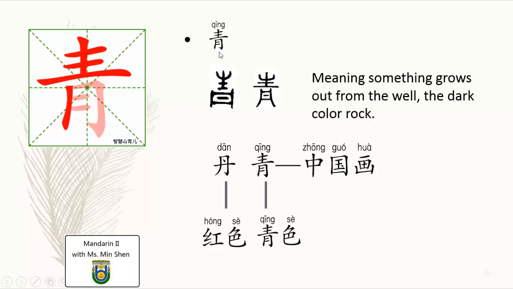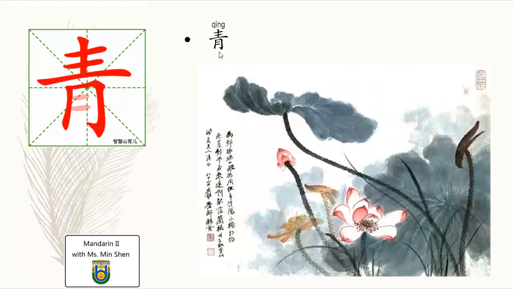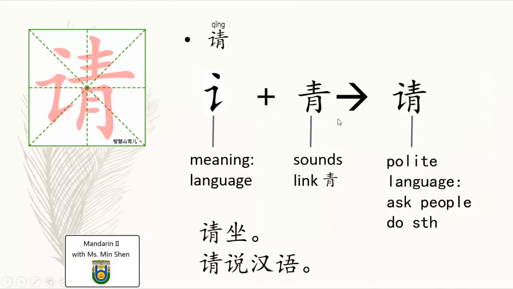Then we want to borrow the sound of this qing together with this radical, the component showing the meaning. This radical I hope you still remember from the character yan, language, and in the combined character at the left hand side it denotes the meaning of language.